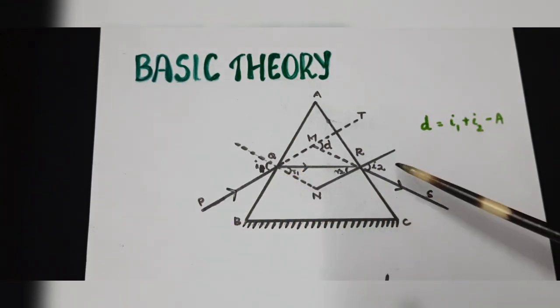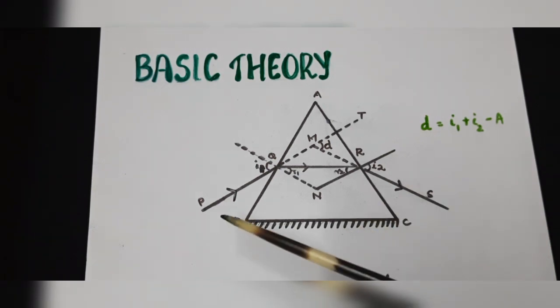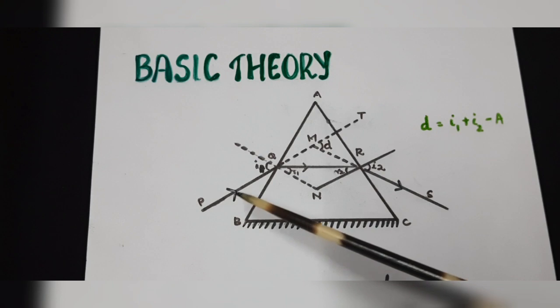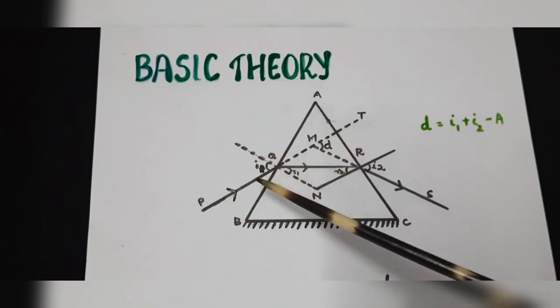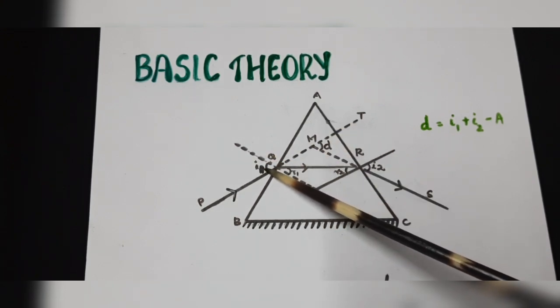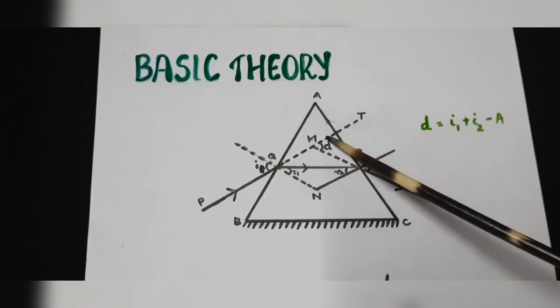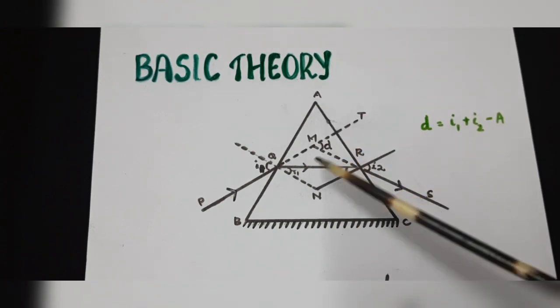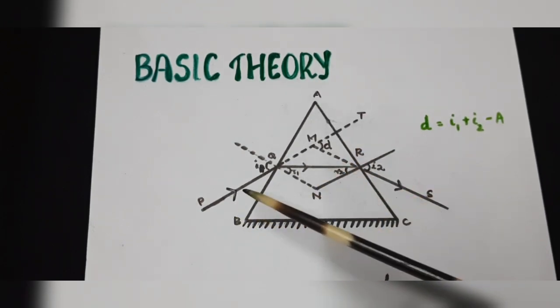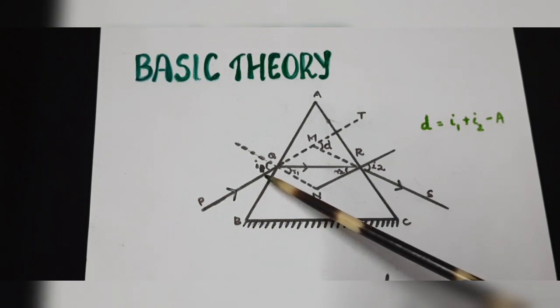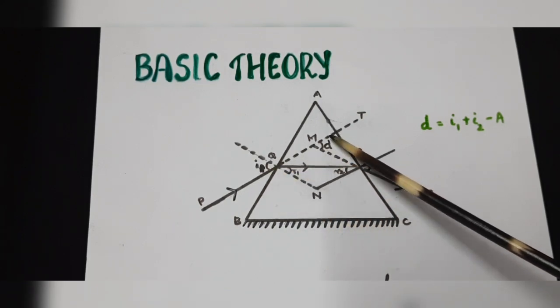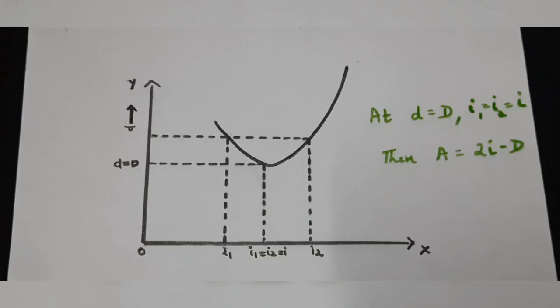So I can call this angle the second angle of incidence I2 for the same deviation D. The procedure for this experiment would include setting the prism for a desired angle of incidence and measuring the angle of deviation D. So we will set the prism for various angles of incidence and measure the corresponding angle of deviation D.